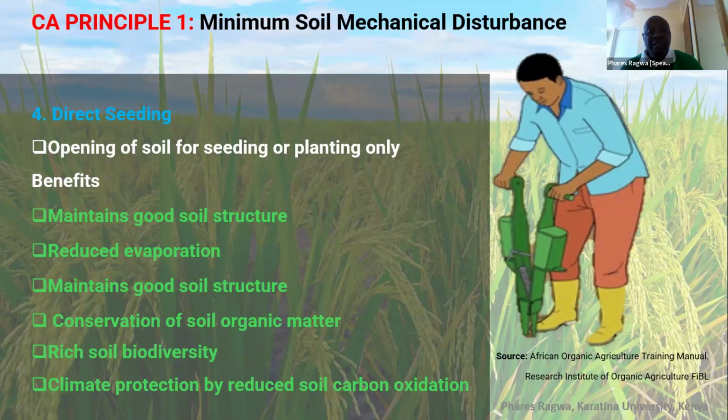We won't encourage oxidation of the same, and therefore we can realize all those benefits that are listed there. So like here, you can see you're doing two operations at the same time. You are planting the seed, you are applying the fertilizer, and in so doing, you are avoiding unnecessary mechanical disturbance of the soil.